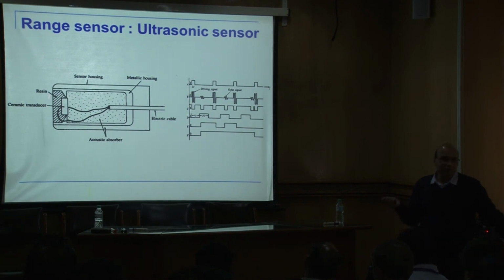This sensor is about 200 rupees. The previous one, the Hall effect sensor, is also about that much, 150 rupees. So if you don't want to be seen, then you know what is to be done.